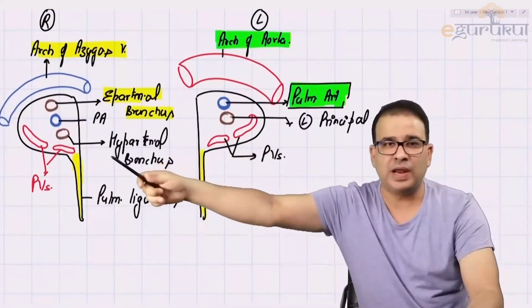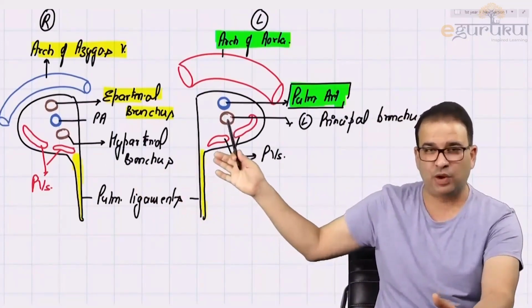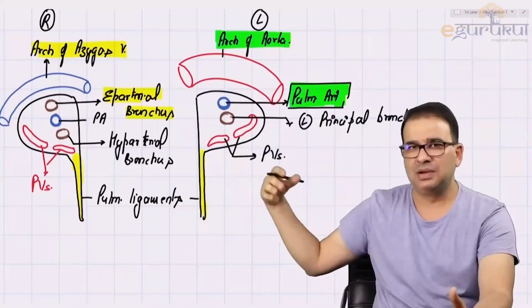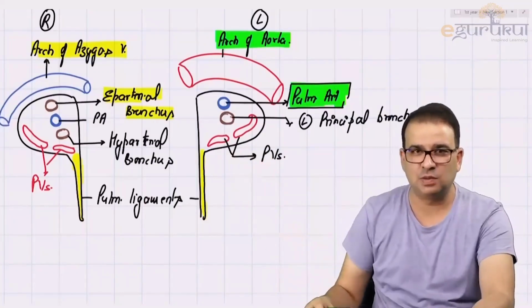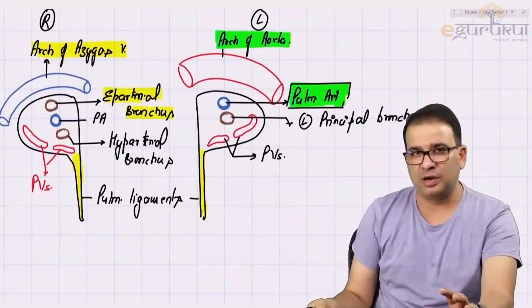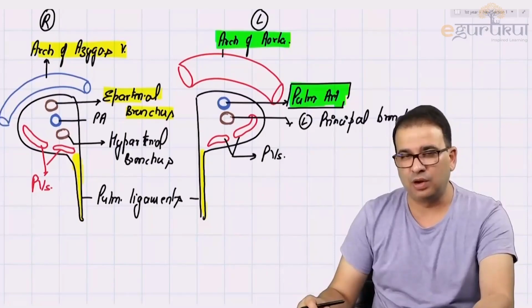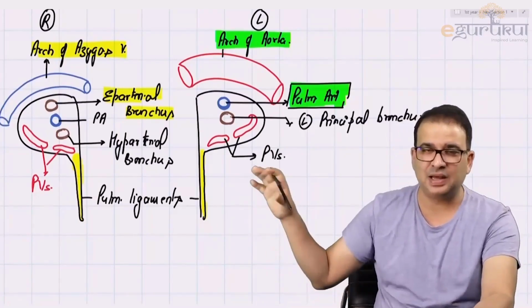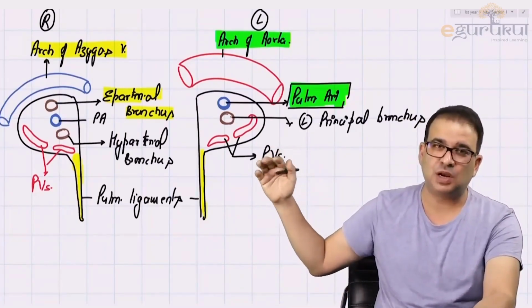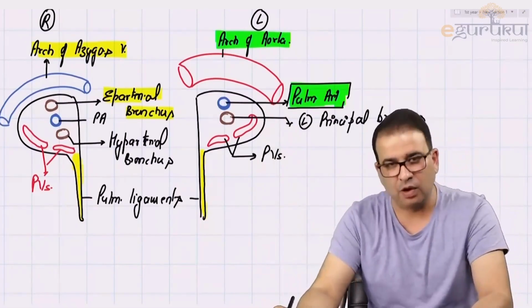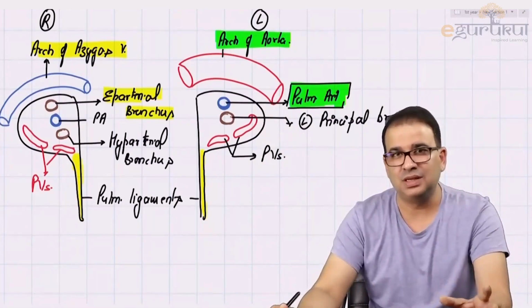We have one right bronchial artery, but two left bronchial arteries. Some lymphatics and nerve plexus will also be seen. But what is important to remember is how the major structures, the main artery, the bronchus and the veins, are organized inside the hilum, and the structures which are above the hilum of the lung. So this is about the root of the lung.